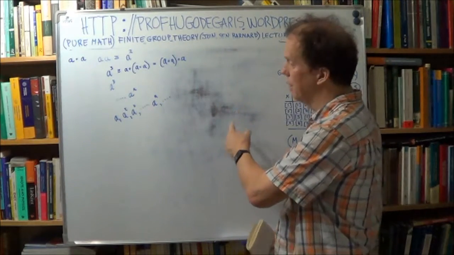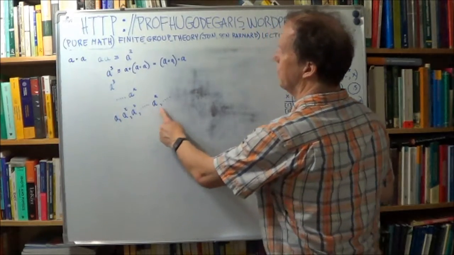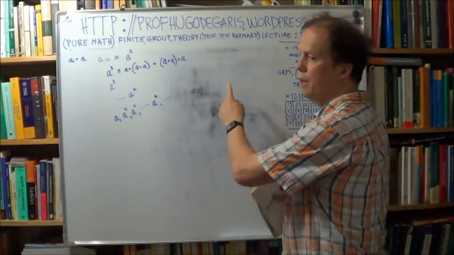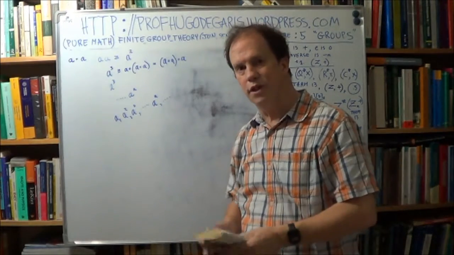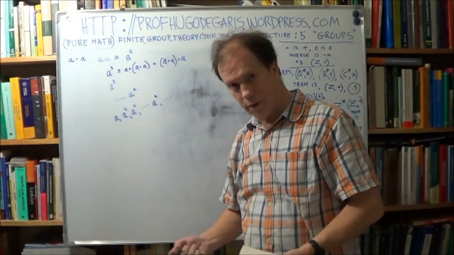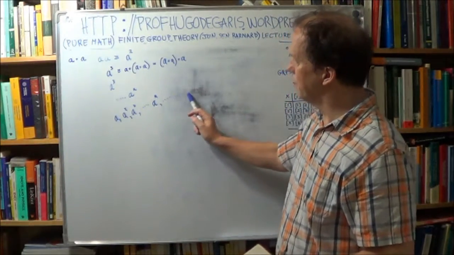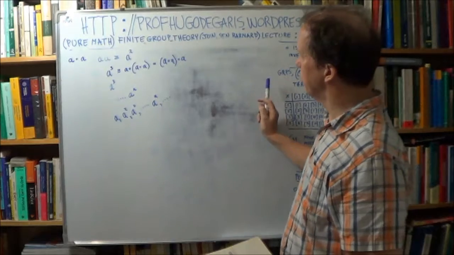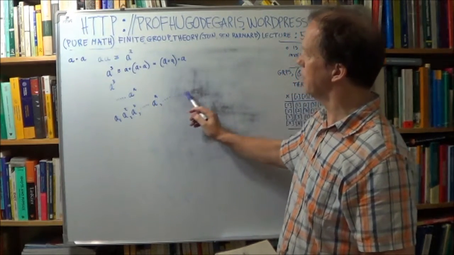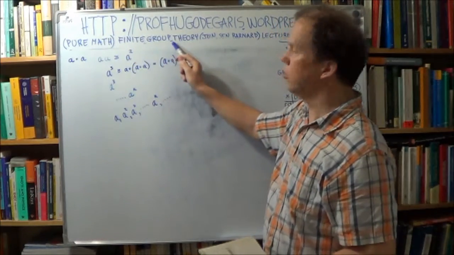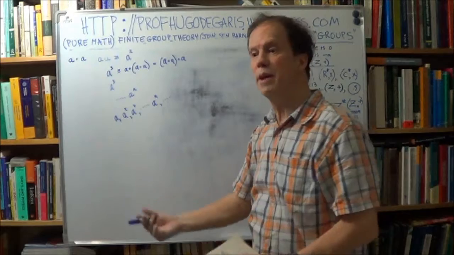Why not? If every one is different and it keeps going, you end up with an infinite number of different elements. Sooner or later you will have more different elements than there are in the whole group, because it's a finite group. So there's a limit.